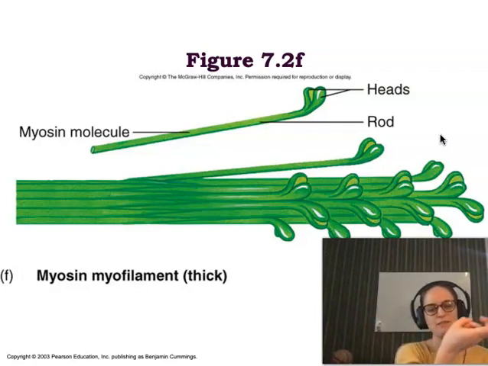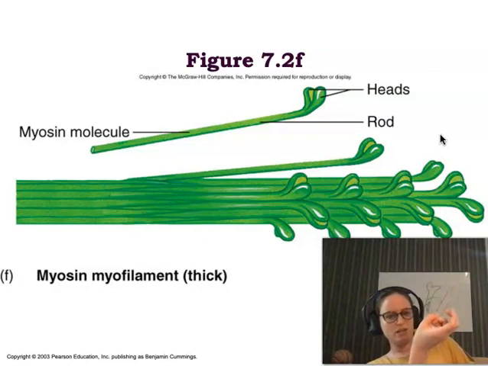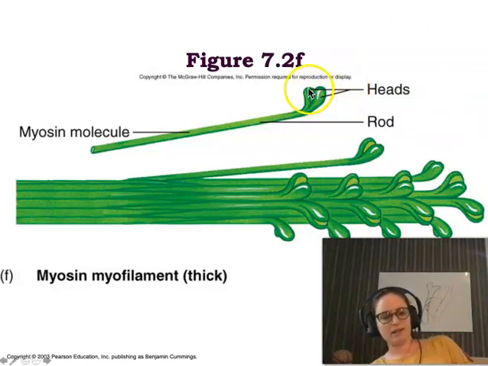What's being illustrated right now is a piece of this myosin protein that can move. This myosin head can move. Hopefully my fingers are representing this myosin head right here. Each of my fingers is one of these, and that's what they do, they walk.